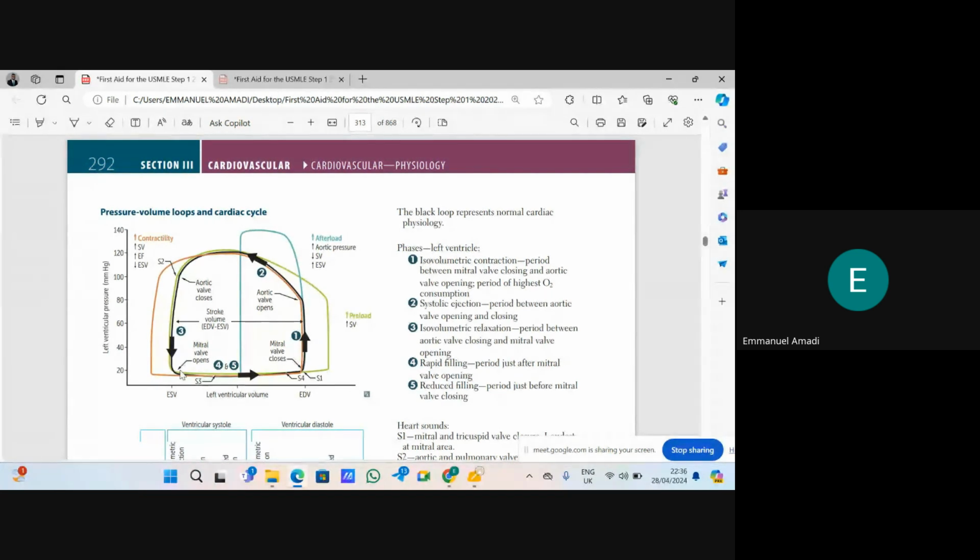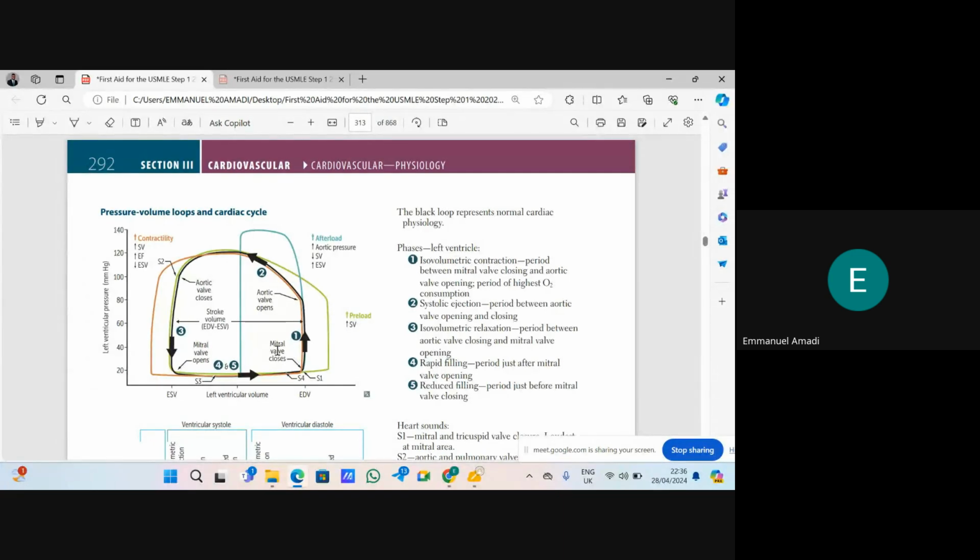When that one has finished, the next one is where the atrium will now have to contract. Now, when the atrium has contracted, of course, all the blood will now get into the ventricle. At that point in time, the mitral valve will shut close. That is what you have here, closure of the mitral valve.